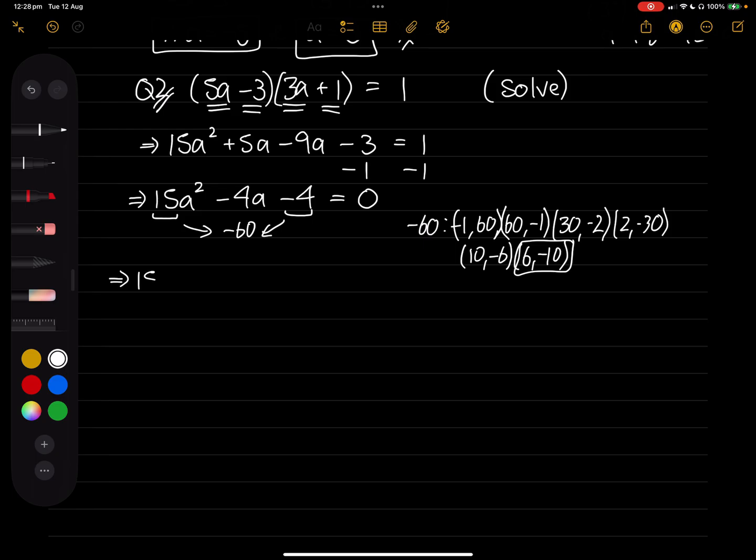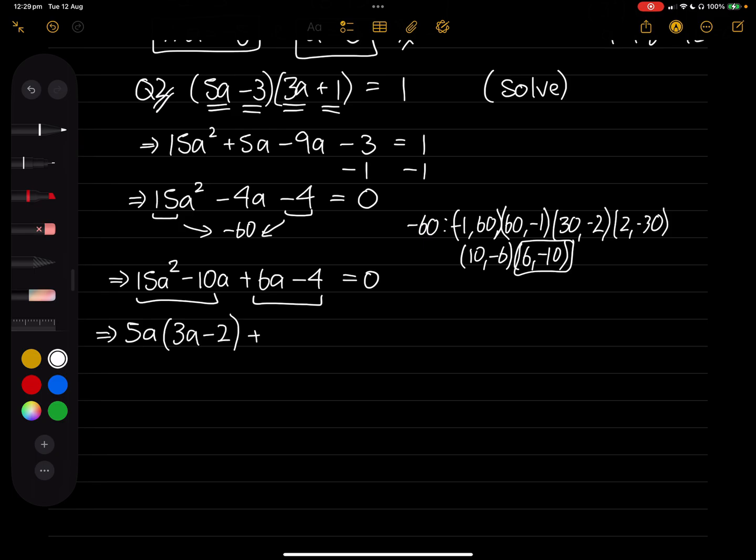So this becomes 15a squared minus 10a plus 6a minus 4 equals 0. Factor the first two, factor the second two. We get 5a in front of 3a minus 2.